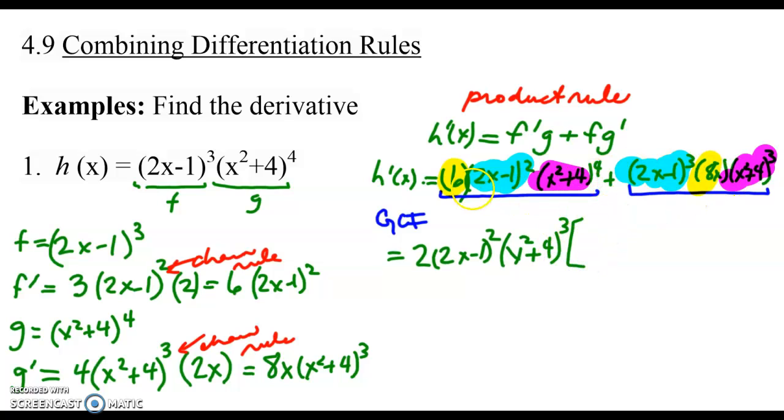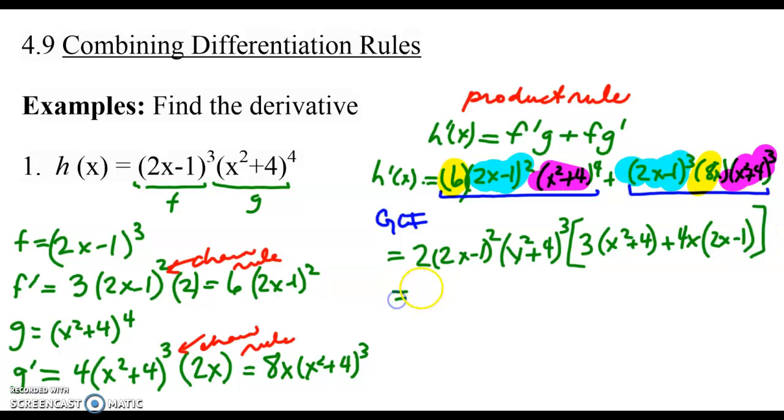That leaves, in this first term, a 3, because 2 times 3 would be 6, and we need one of these, x squared plus 4. Over in the second term, if we took a 2 out, we were left here with a 4x. We've taken 2 of these out, so we're left with 2x minus 1, and we took 3 of these out, so that would be it.